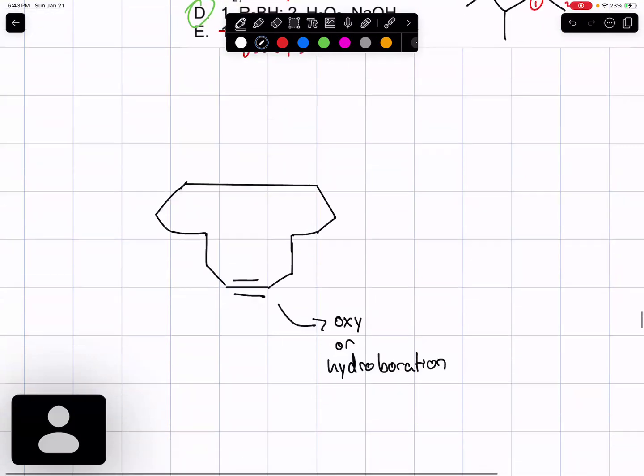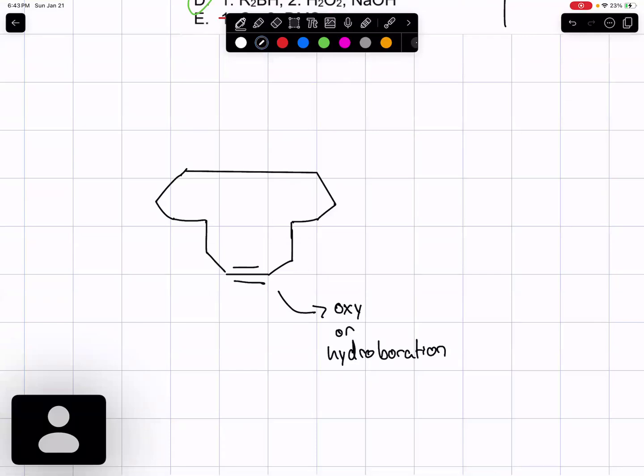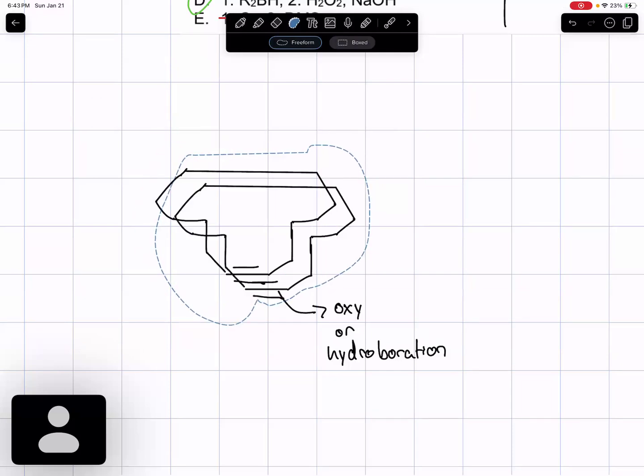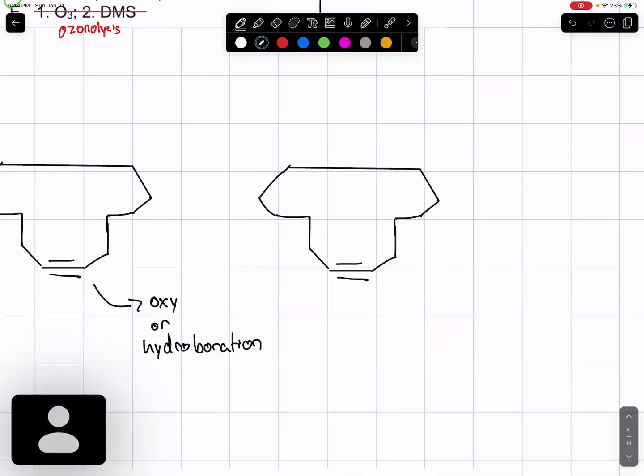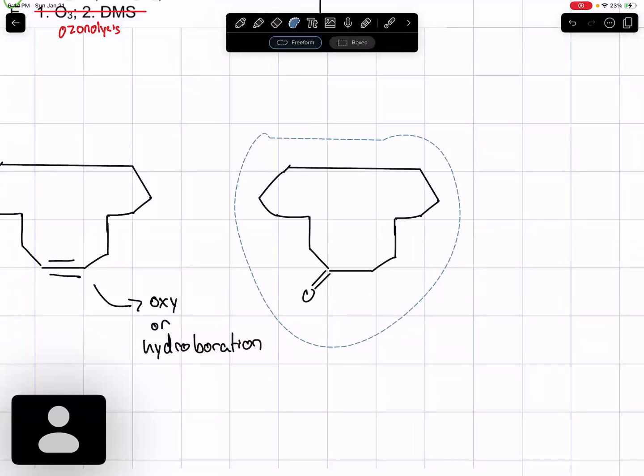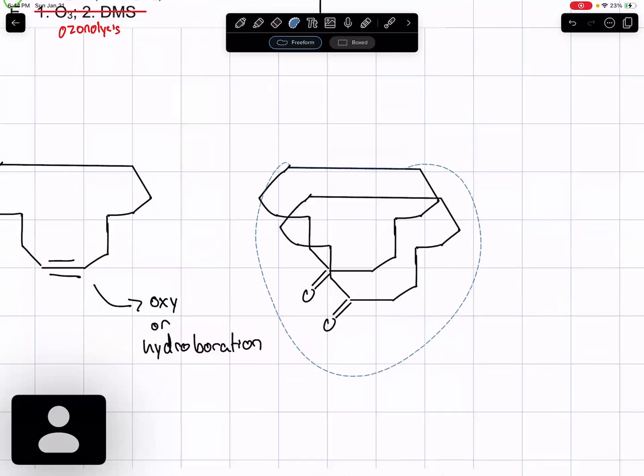There's no regioselectivity when there's a symmetrical molecule and the alkyne is internal. When you have something like this, let me just copy this. If I told you to do hydroboration or oxymercuration, guess what? They form the same product. You could form a ketone on this side, or equally form a ketone on the other side.